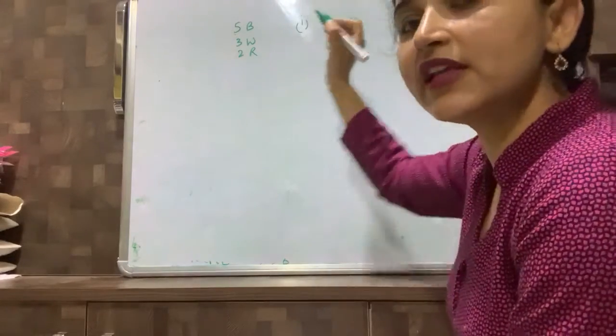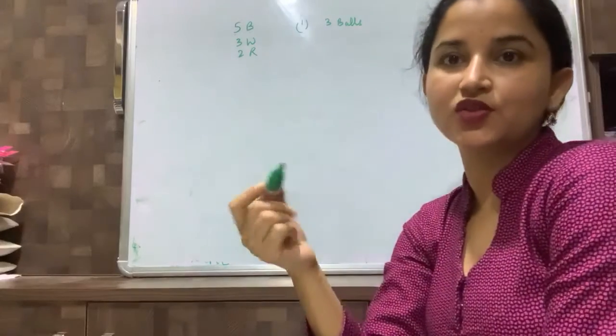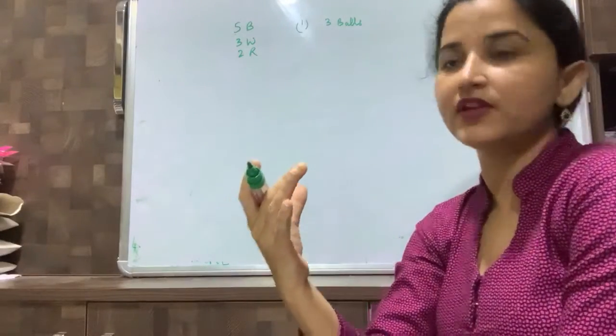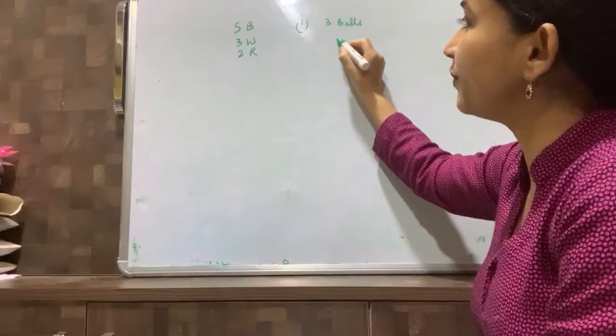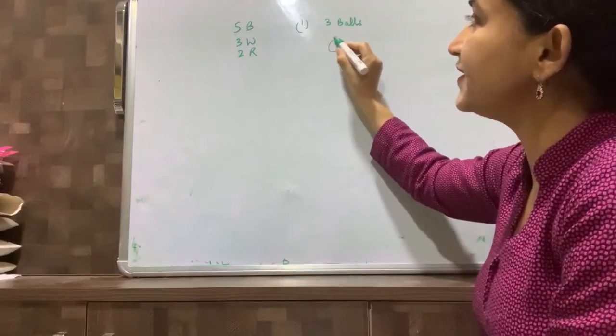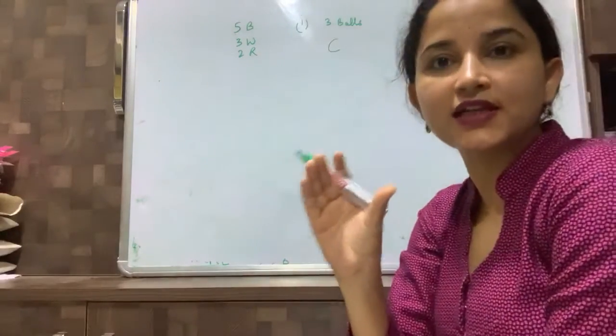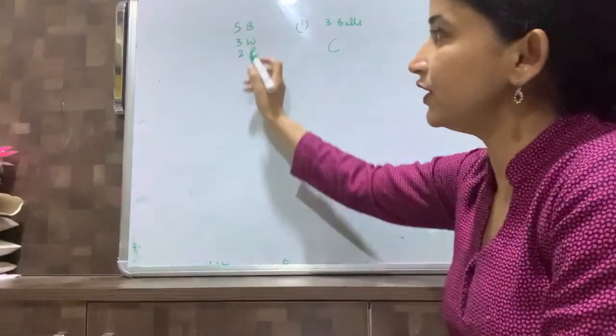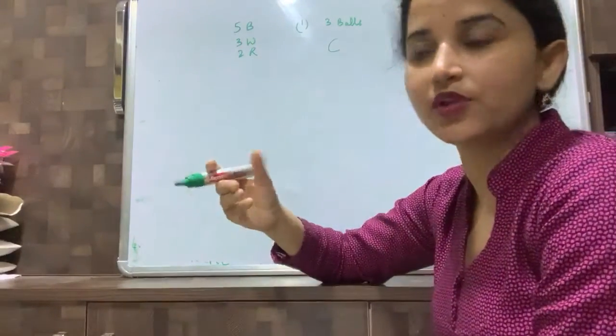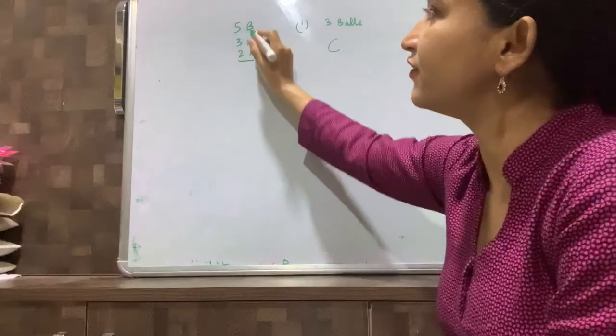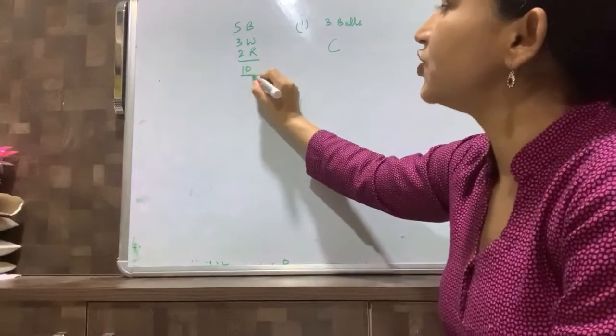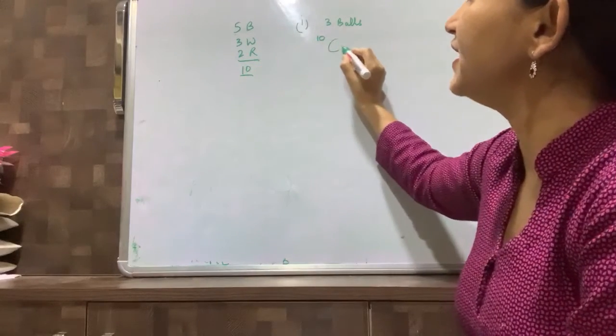So in how many ways means how many combinations or how many outcomes we can have. So for that we require combination C. N is the total of the things that we have, right? So total we have here, the things are the balls, and the total number of balls that we have here is 10. So we have 10C3.